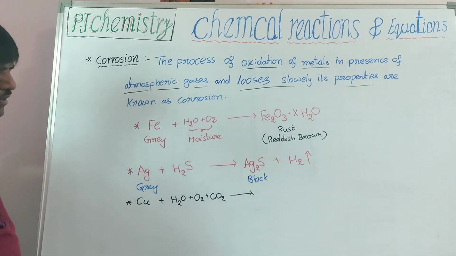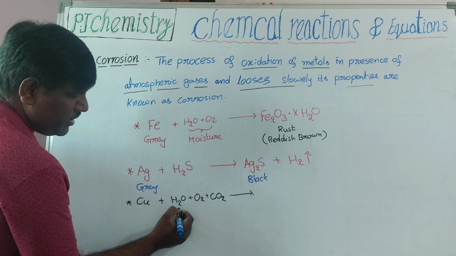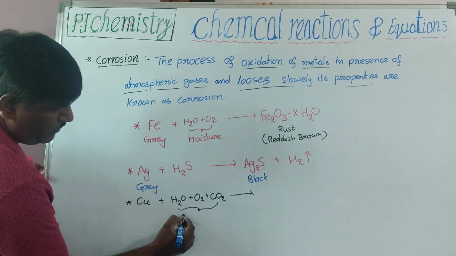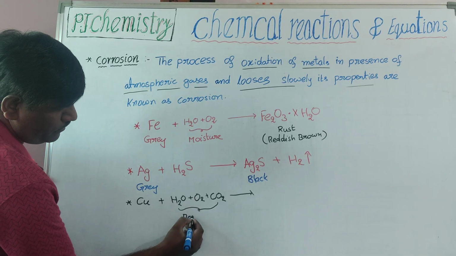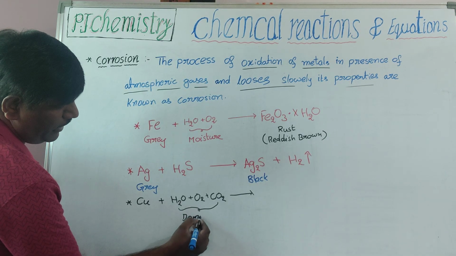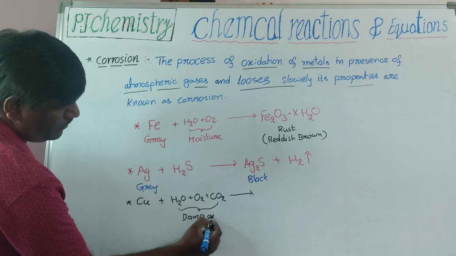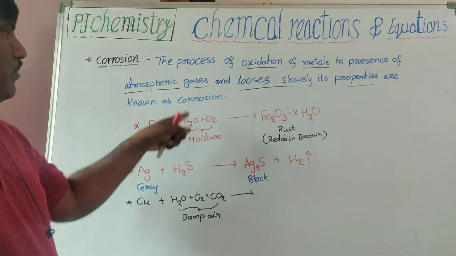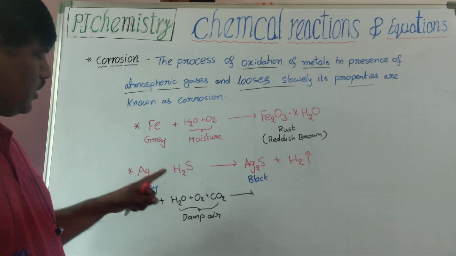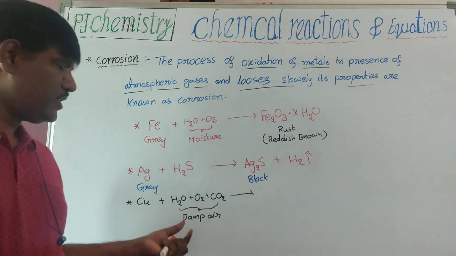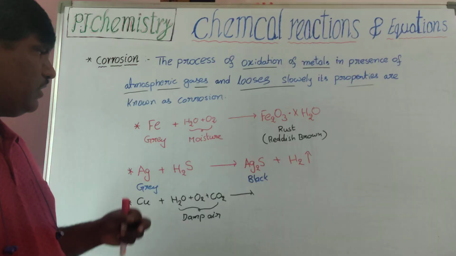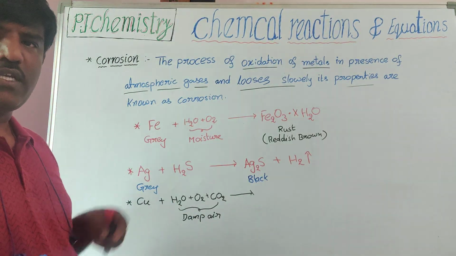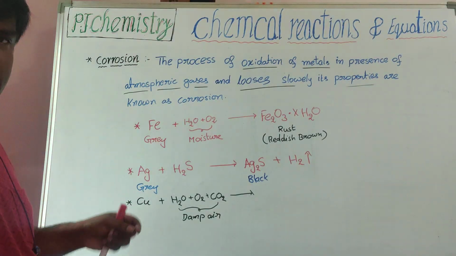These three mixed together we call damp air. Only H2O, O2 means moisture. H2O, O2, CO2 means damp air. Suddenly in questions they will give a hint, damp air or moisture, like that. You should have clarity.